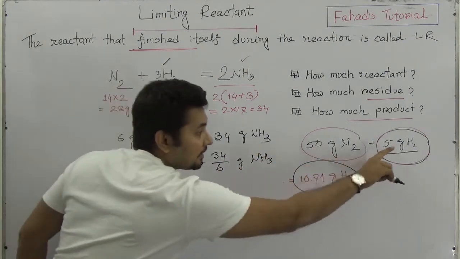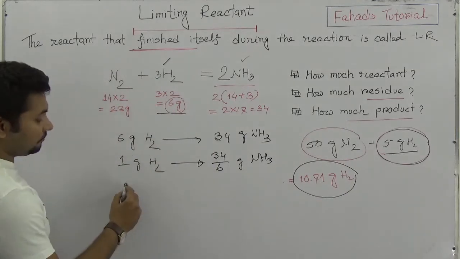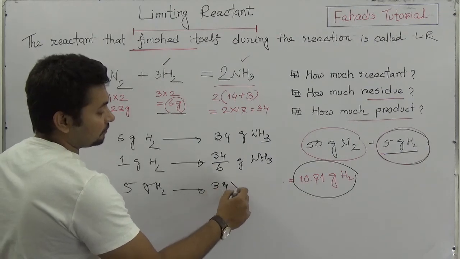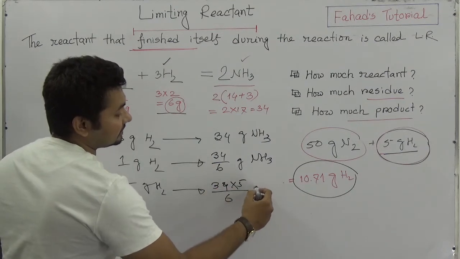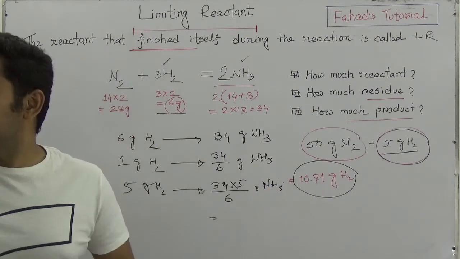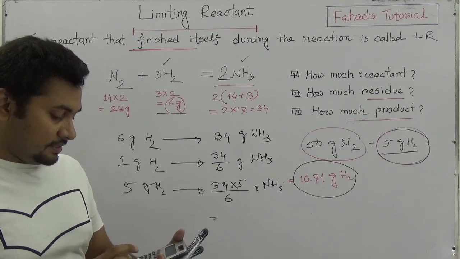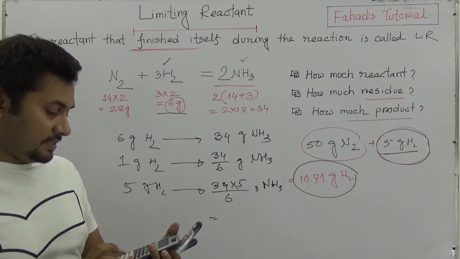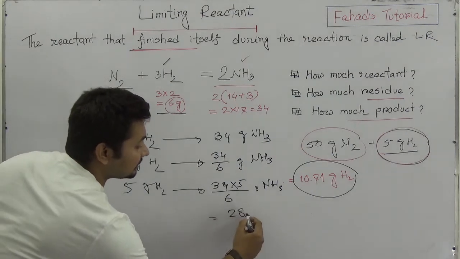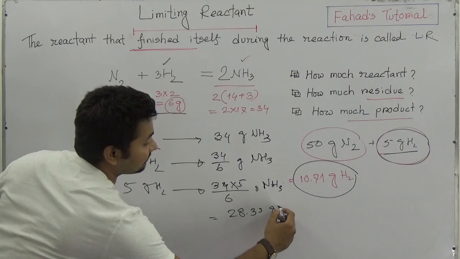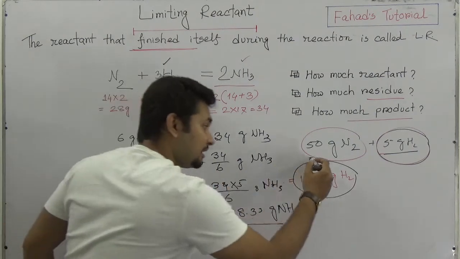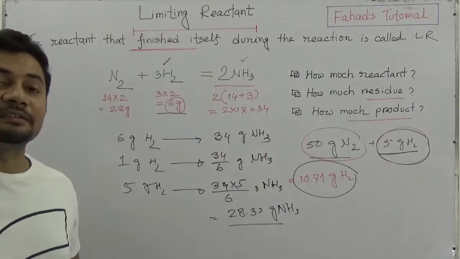So 5 gram hydrogen was asked, so 5 gram hydrogen will produce 34 times 5 by 6 gram ammonia. 34 times 5 by 6 is 28.33. That means 28.33 gram ammonia will be produced if 50 gram nitrogen and 5 gram hydrogen are given.